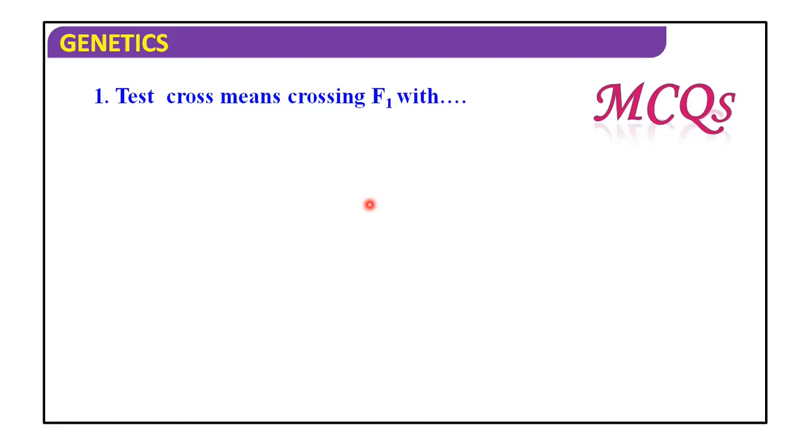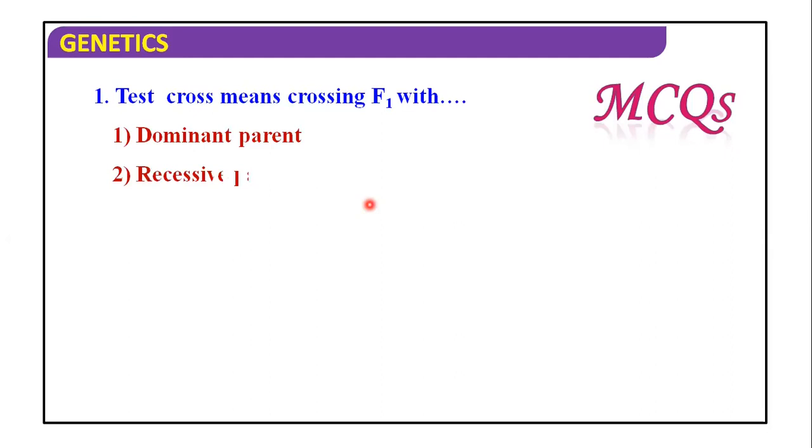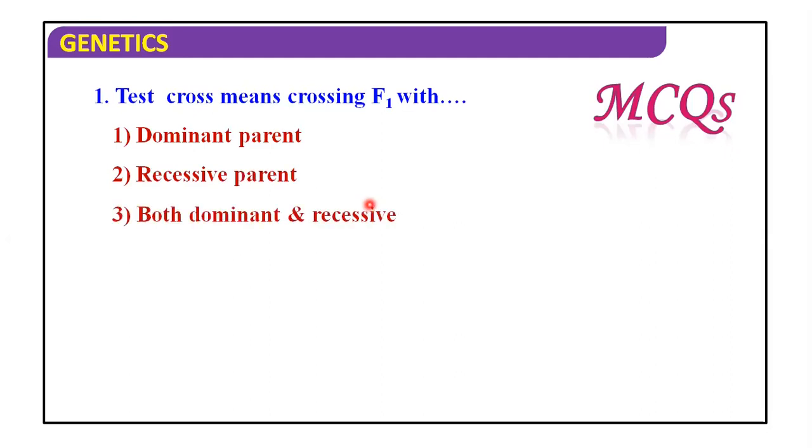To find out its genotype, it should be crossed with a pea plant with white flower, a recessive trait. Now, if all flowers produce violet, we conclude that it is pure or homozygous. And if we get violet and white in a 1:1 ratio, we can conclude that it is heterozygous. Therefore, the test cross can be defined as a cross between an individual with unknown genotype for a particular trait with a recessive plant for the trait.